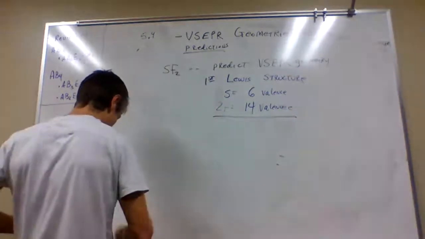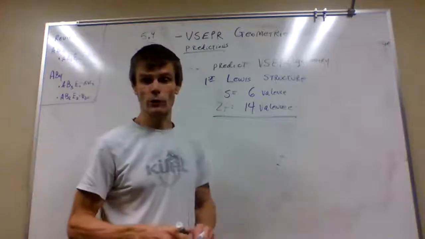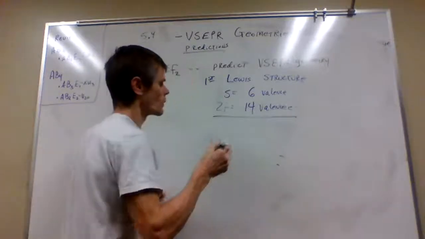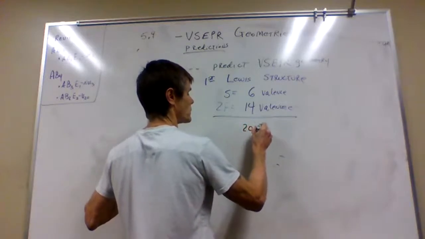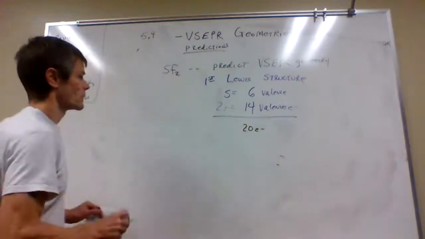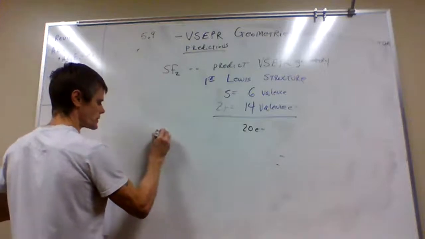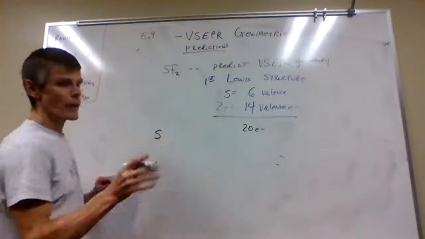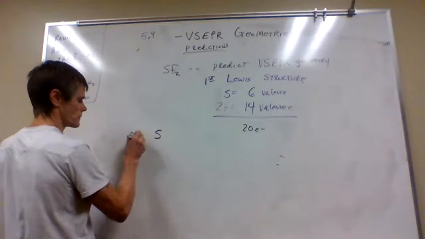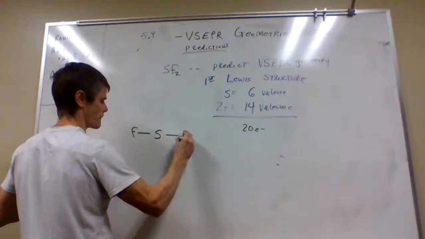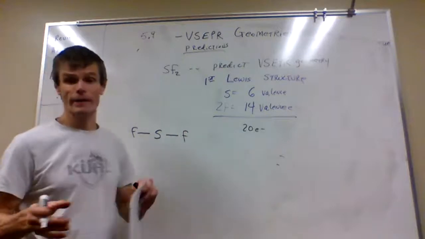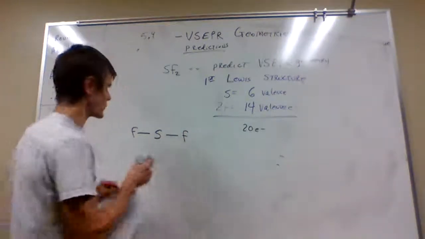So to build our Lewis structure, we're going to work with 20 electrons. Let's put sulfur in the center and surround it by our 2 fluorine, and let's fulfill the octets of the surrounding fluorine.